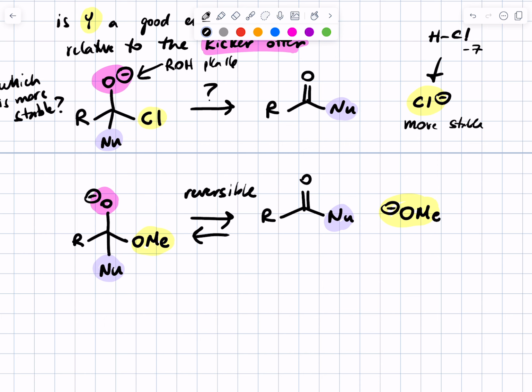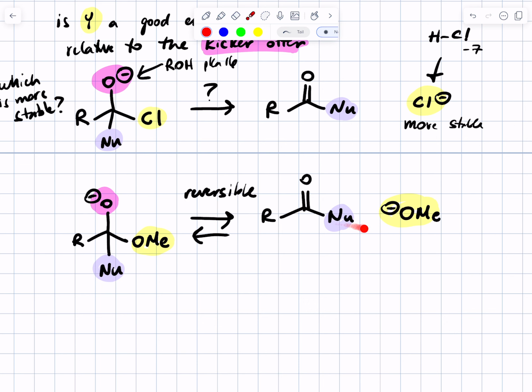Meaning, sure, the negatively charged oxygen can kick off another negatively charged oxygen, but the OMe minus that we make is not much more stable than the negatively charged tetrahedral intermediate we had, so probably it's pretty reasonable for the OMe minus to come back and attack the pi star of this and go back to that tetrahedral intermediate.